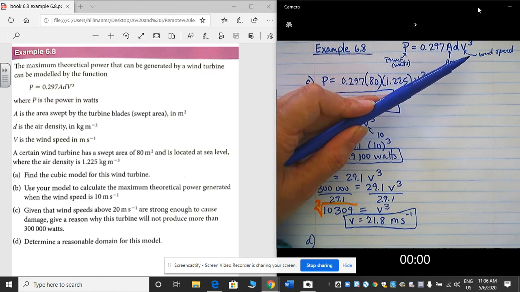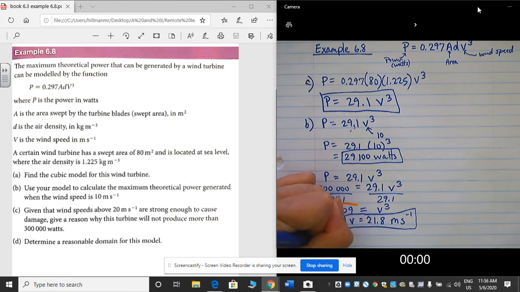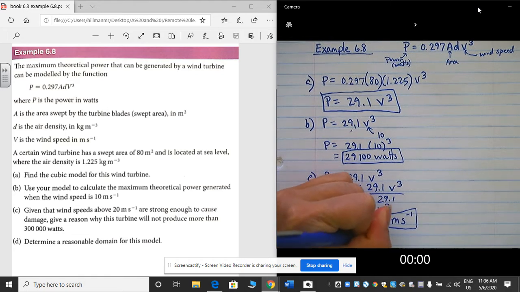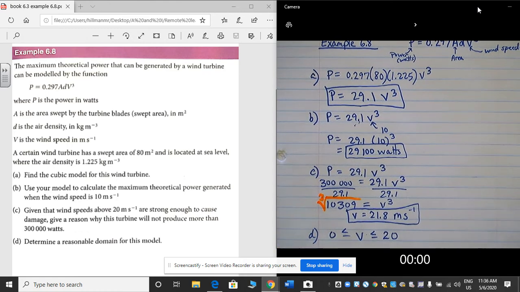It doesn't make sense to predict power for negative speeds, and that's why I'm starting with 0. For the upper end, we were told that wind speeds above 20 meters per second are strong enough to cause damage, so that could be considered the upper limit for that domain. So I would say something along the lines of 0 to 20. Hopefully that helps you for this next homework assignment.